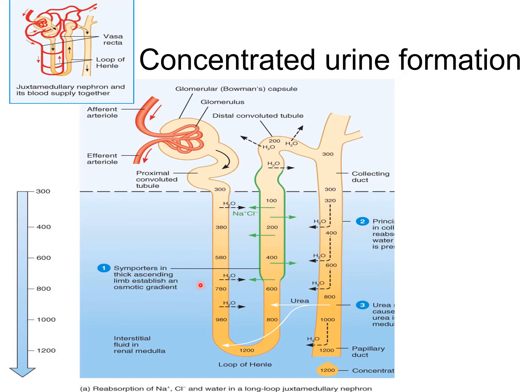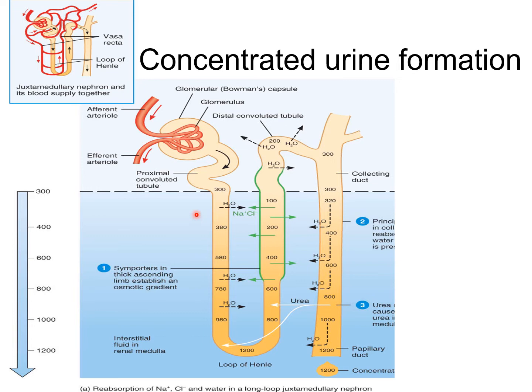So the initial part of this water conservation measure forming concentrated urine actually starts with the loop of Henle. The longer the loop of Henle, the better it does this kind of a job.